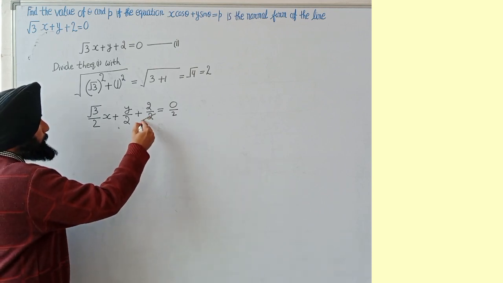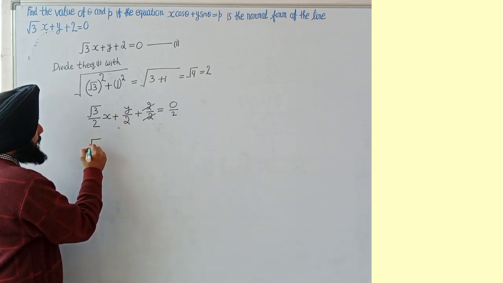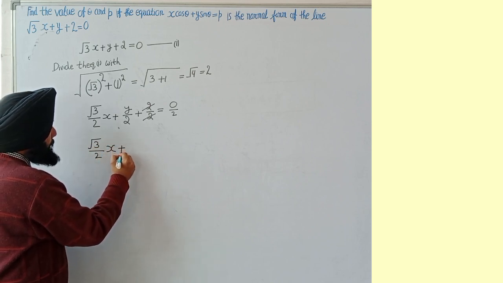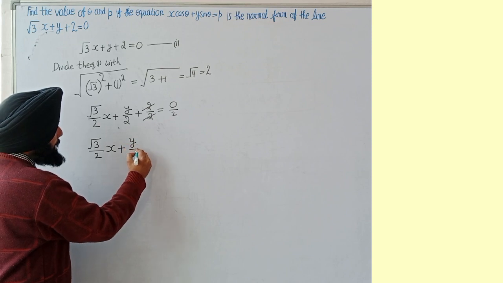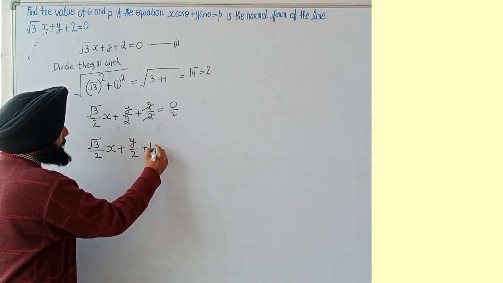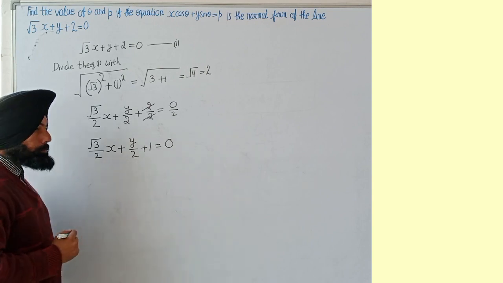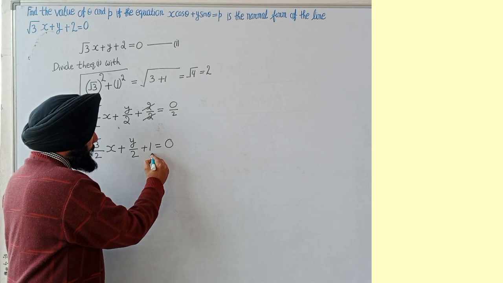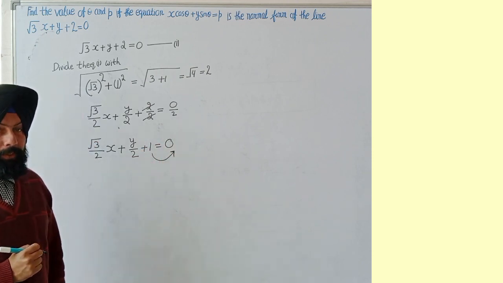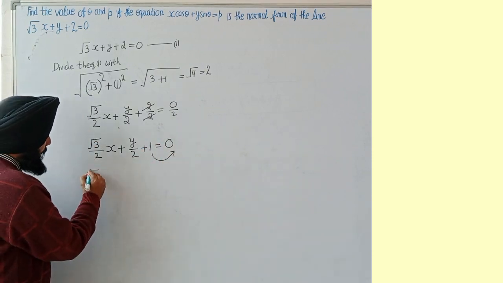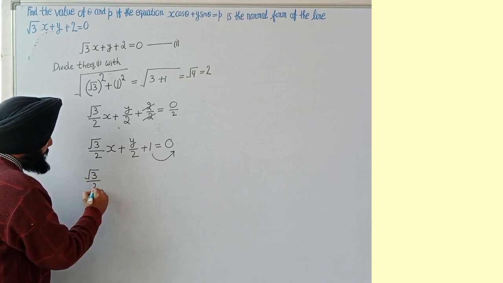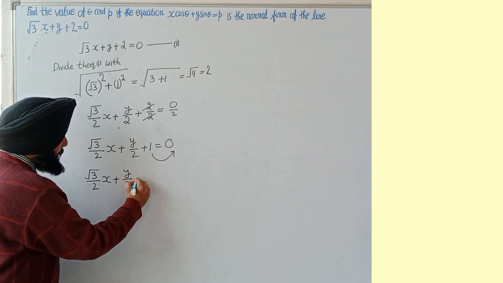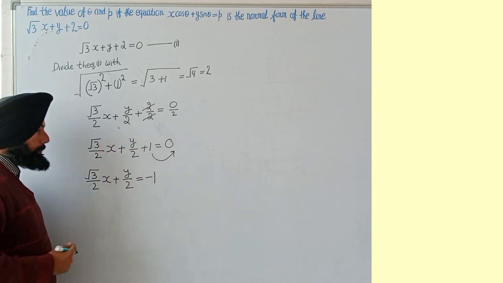So 2 cancels with 2. This becomes under root 3 over 2x plus y over 2 plus 1 equal to 0. Now students, I am transposing 1 to the right hand side. So this becomes under root 3 over 2x plus y over 2 equal to negative 1.